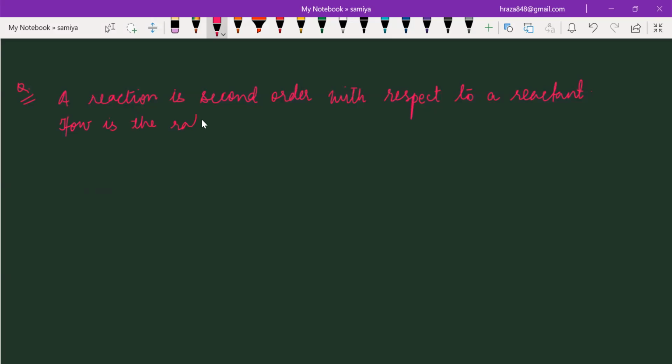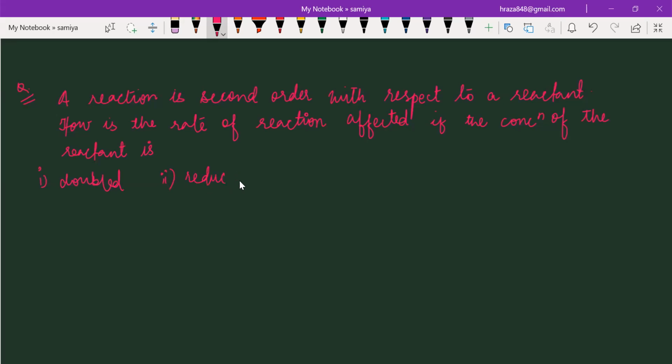How is the rate of reaction affected if the concentration of the reactant is doubled, and second, if it is reduced to half? Please do this question.